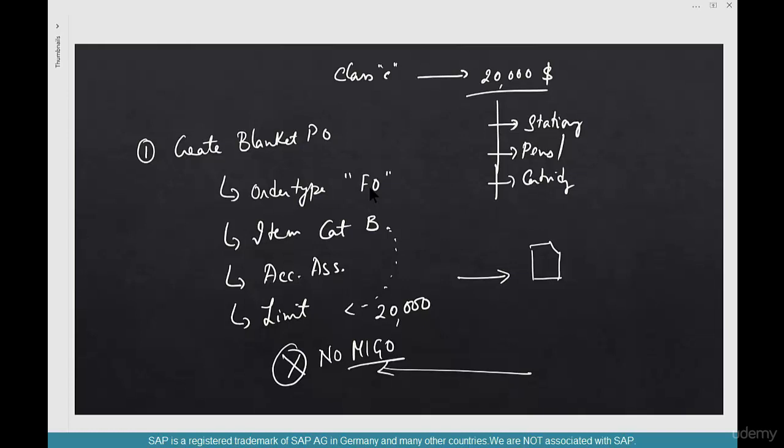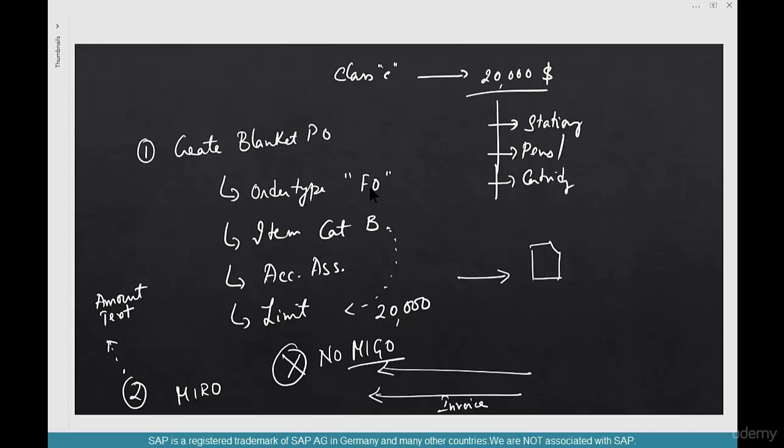Small supplies, right? Why waste your time on inventory management? No MyGo. Then he'll send an invoice, and that you file. So you go do a Miro invoice receipt, and over there you specify the amount and some text that identifies what has been supplied, some marker that you can remember later.